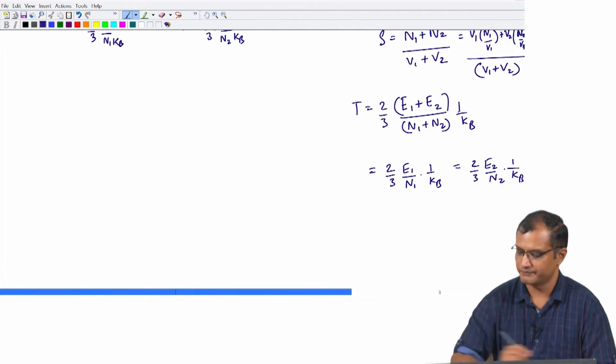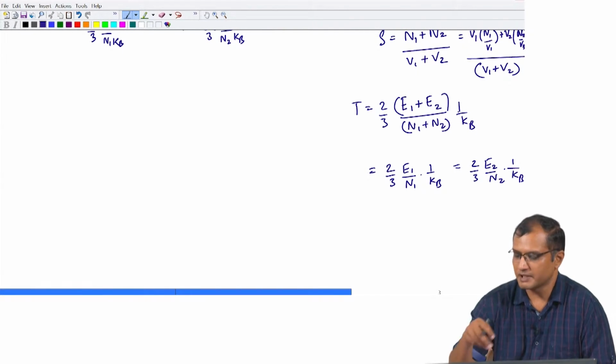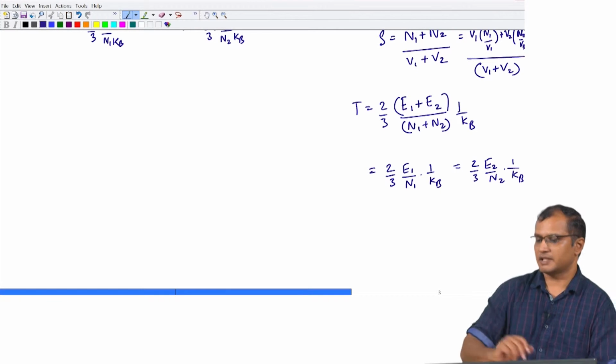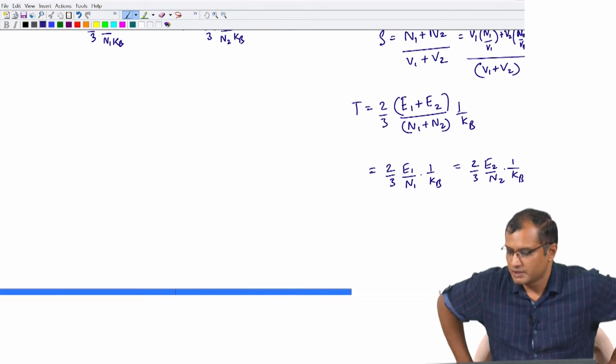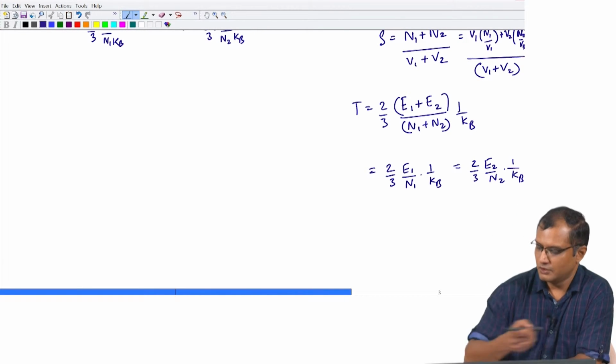Okay, you can do the same trick. You can multiply the first term by 1 by N1 and the second term by 1 by N2, just the same trick.